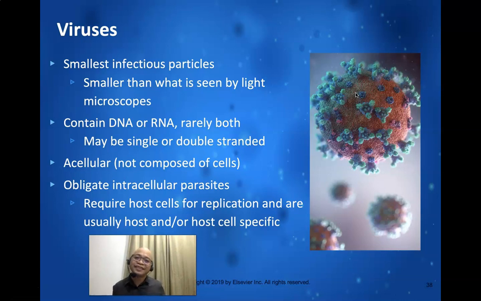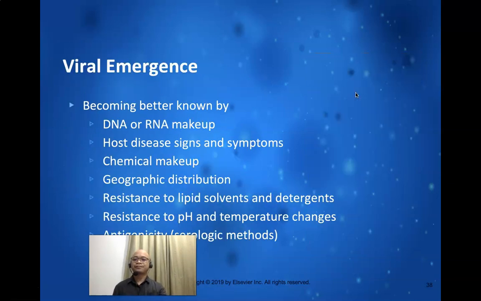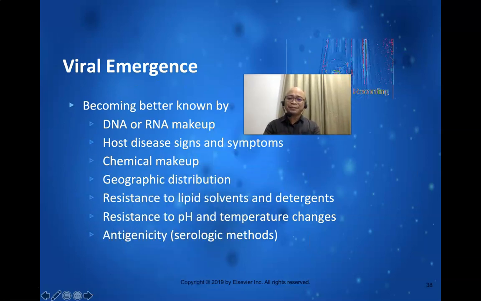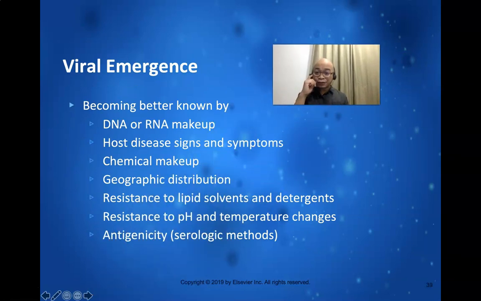To prevent COVID-19, social distancing is indeed very important because viruses require a host cell for replication and are usually host specific. Viral emergence is better known nowadays because of genetics.